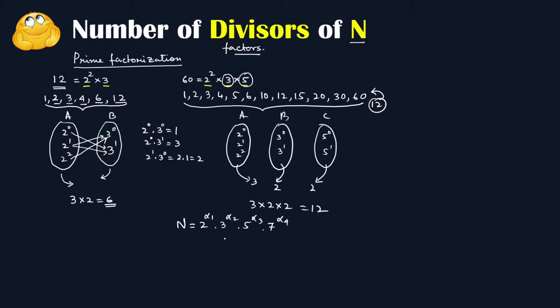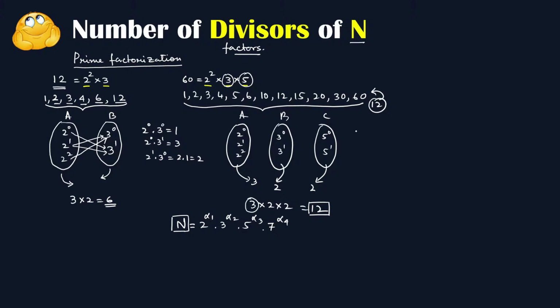Now if I ask you how many divisors of this n are possible? Refer to the previous example, see this one. In this case, how many factors or divisors were there? 12. How did we get it? 3 into 2 into 2. How is this 3 coming?